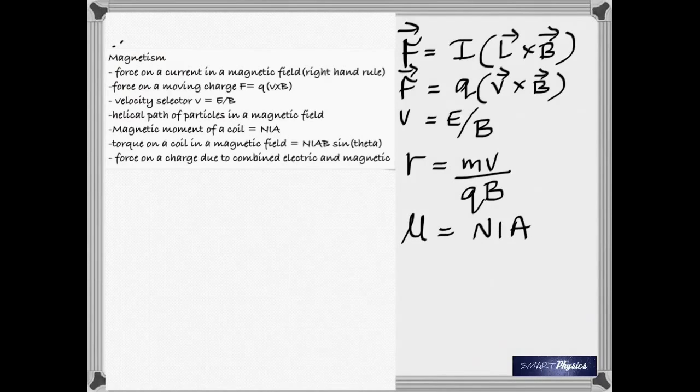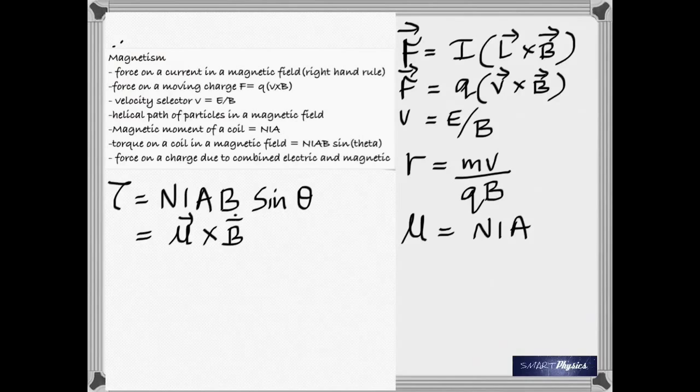Again, the magnetic moment is NIA. Torque on a coil suspended in a magnetic field is NIAB sine theta, which can be written as mu cross B because NIA is the magnetic moment.